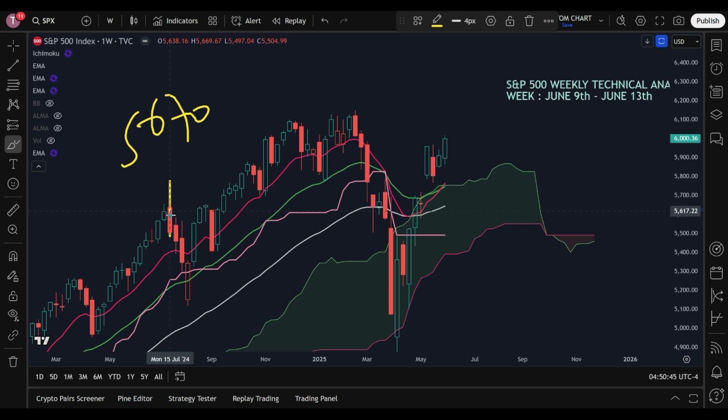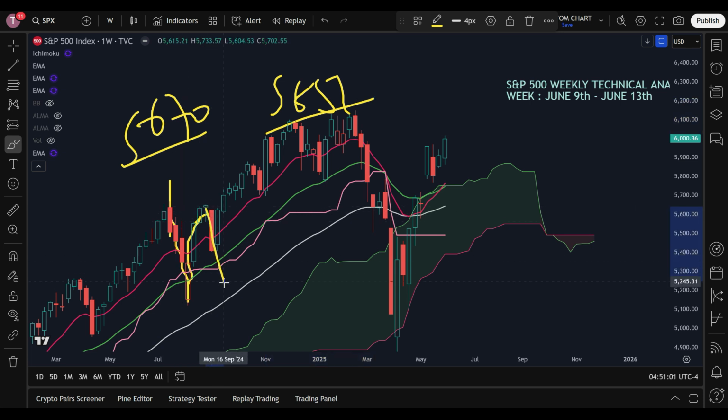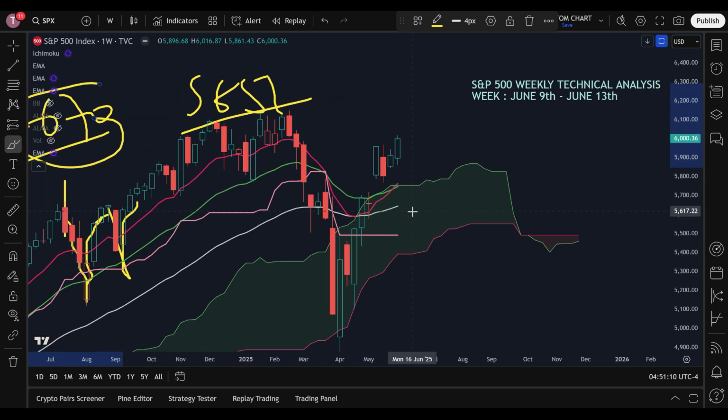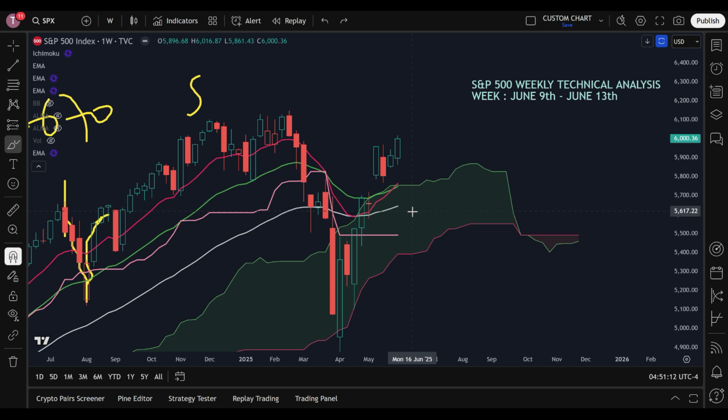Then the S&P 500 came down with back-to-back heavy pressure. Then it again started to move up and made a high at 5651, below 5670, and then there was a fall, and it took another week or two to clear the 5670.